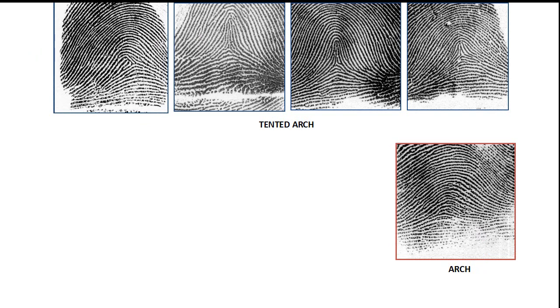And if I fly in a plain arch, hopefully you'll be able to recognize it and then eliminate the tented arch. At this point, I'm going to be bringing in the prints, and I'm asking you to recognize the tented arch, and then secondarily, if you can recognize the plain arch, that would be good. And this will prepare you for your assignments.